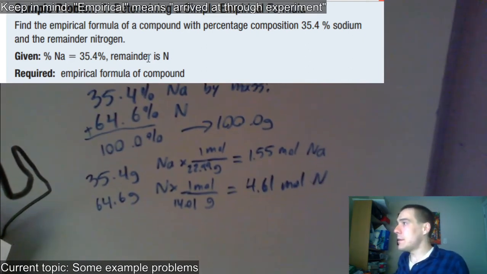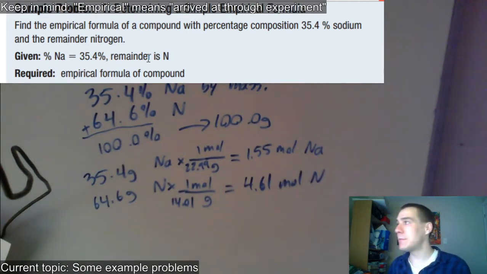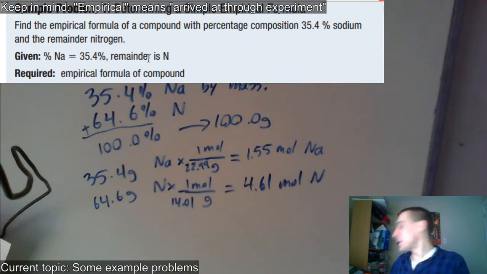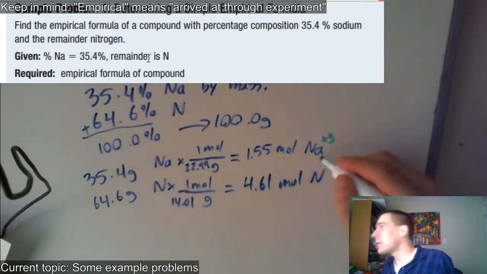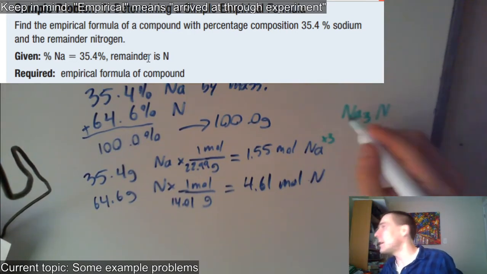And so the question becomes, how are these related to each other? Well, it looks like it might be 3 times. So let's take a look at that. What happens if I multiply this times 3? If I have 3 sodiums, maybe it's Na3N.